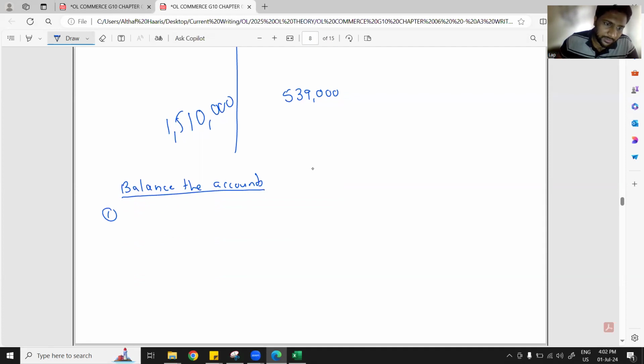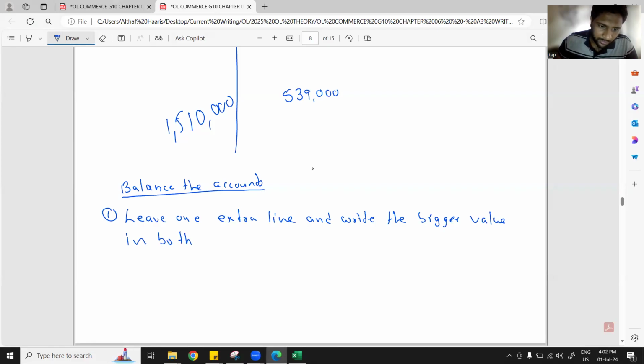First, leave one extra line and write the bigger value in both the sides.